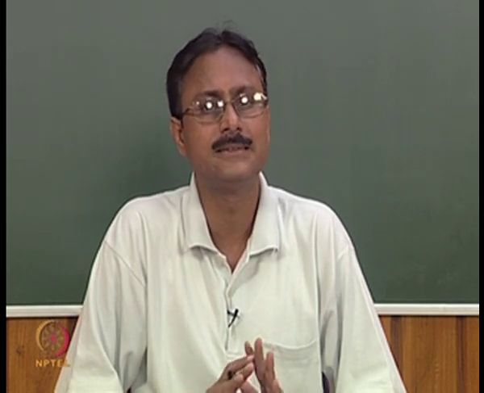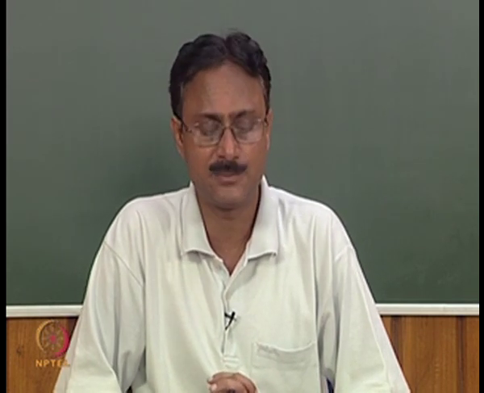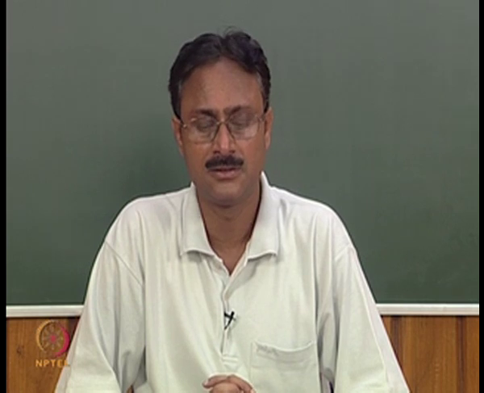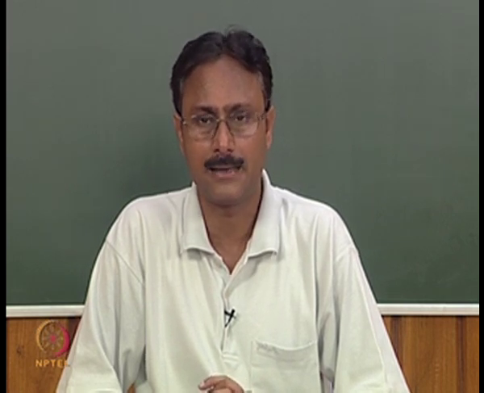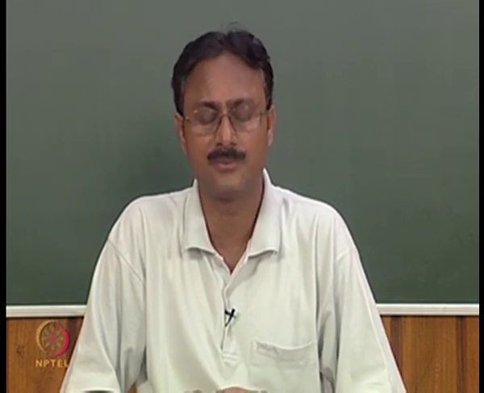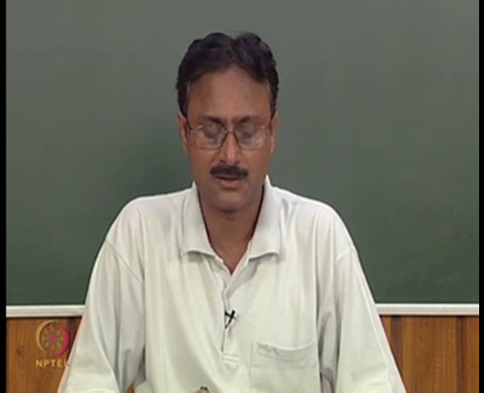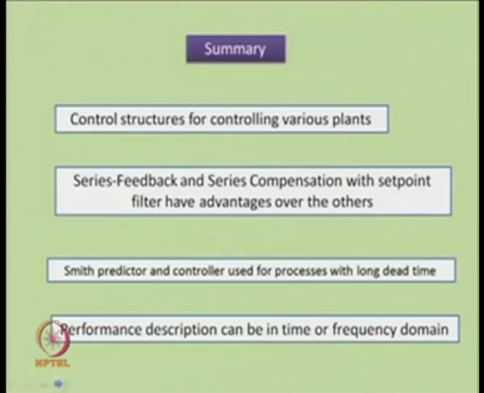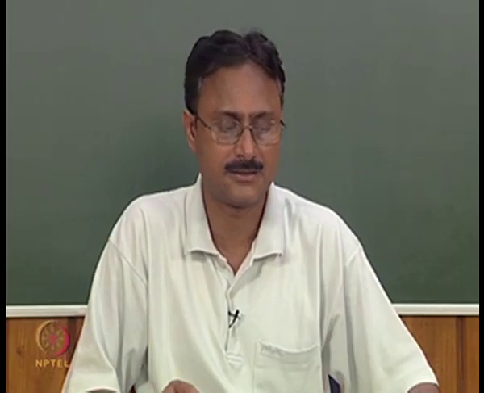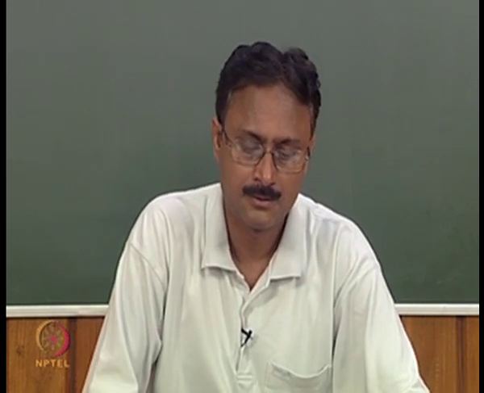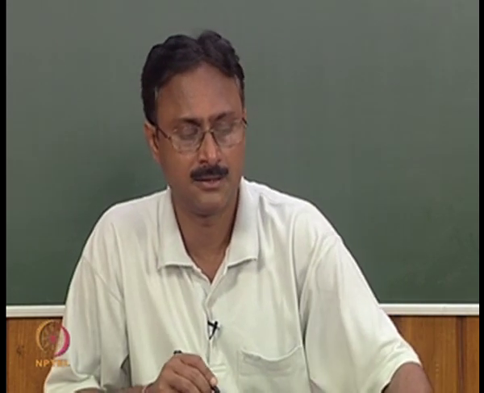We have also discussed a few modified Smith predictor and control structures, which have added advantages compared to the conventional Smith predictor controllers. Performance description can be in time or frequency domain, that we shall discuss at length in our next lecture. That is all about the lecture.